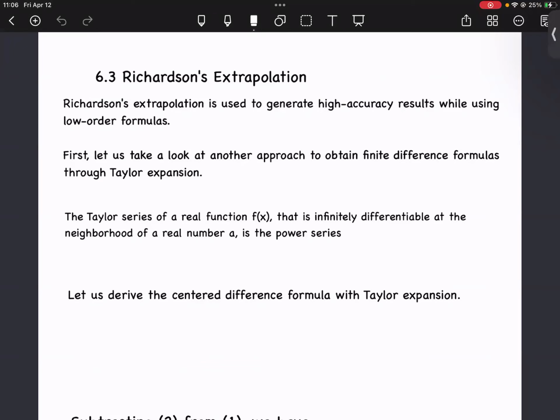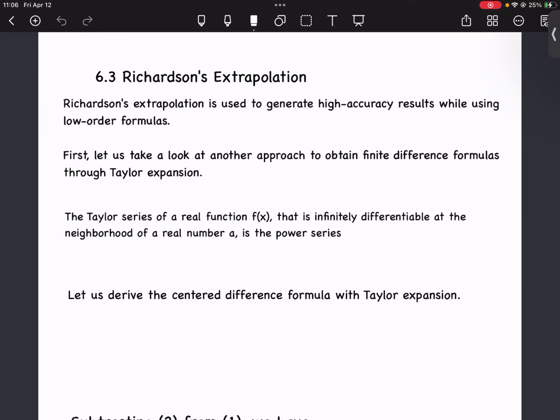So let's recall what is the Taylor expansion for a function which is infinitely differentiable in the neighborhood of a real number a.